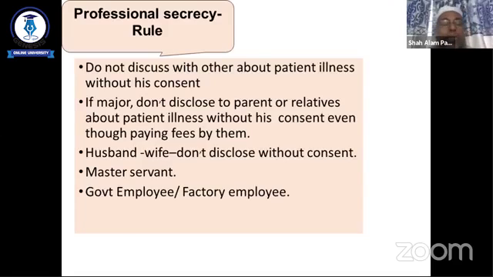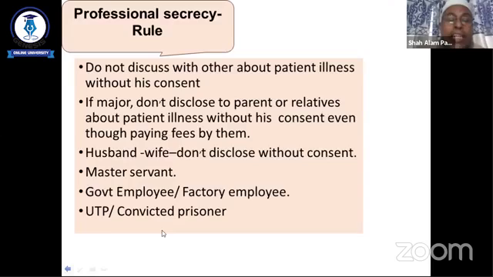Don't disclose it to the concerned authority or factory employer. Whenever he comes to you, you don't disclose to the factory authority without his consent. An under trial prisoner has the right of professional secrecy, but a convicted prisoner, one who has already been convicted, has no right of professional secrecy.